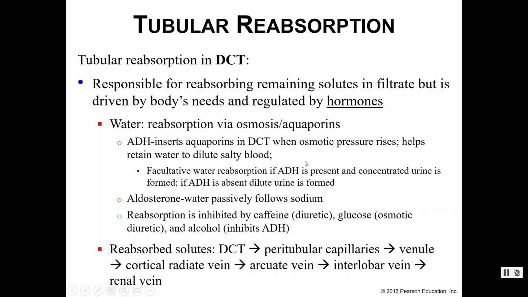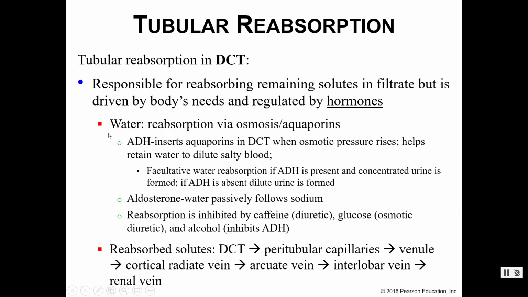We're going to determine, is there a need for us to reabsorb this at this point? So water, any water that's possibly left in the filtrate at this point, do we still need more water? Maybe. If so, the reabsorption will occur via osmosis as well as aquaporins, and we just mentioned aquaporins were specific channels for water transport.